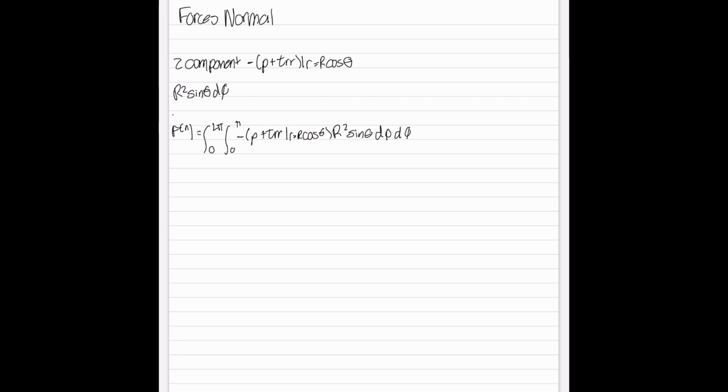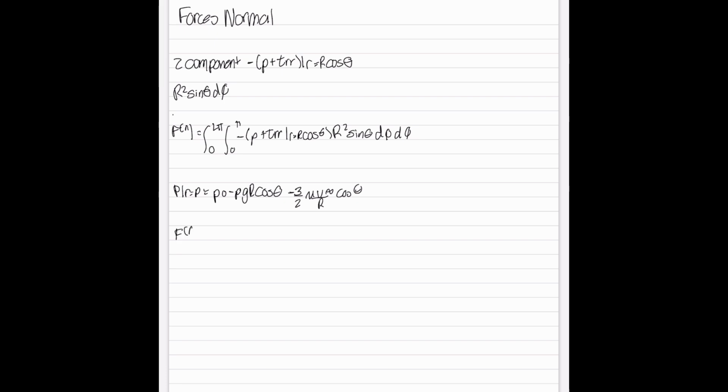The normal stress tensor can be eliminated, and what you are left with is p r equals p naught minus rho g r cosine theta minus 3 over 2 mu v infinity big R divided by big R cosine theta.